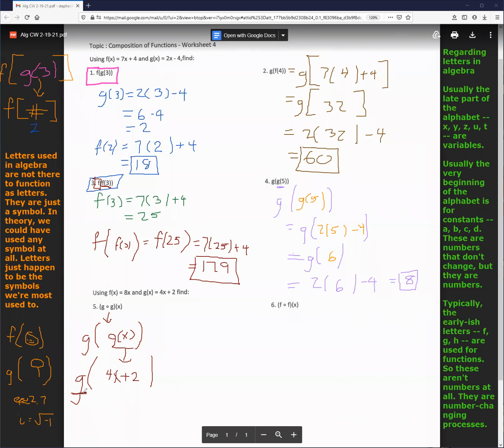So this outer g now, we have to say, all right, so it's 4 stuff plus 2, but the stuff happens to be 4x plus 2. All right, now in this case, we got to use our plain old arithmetic rules. So we're going to distribute a 4. We're going to get 16x plus 8 plus another 2. And then we'll combine like terms and we'll get 16x plus 10.